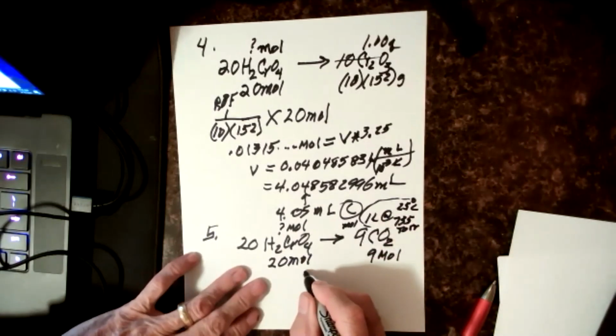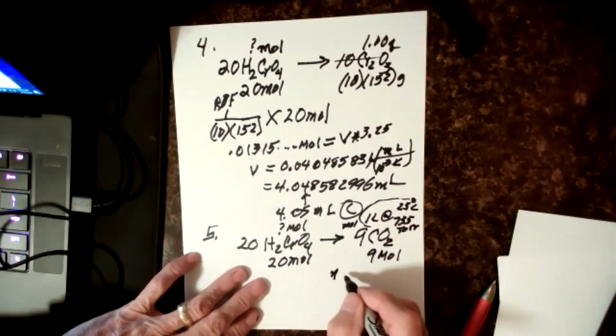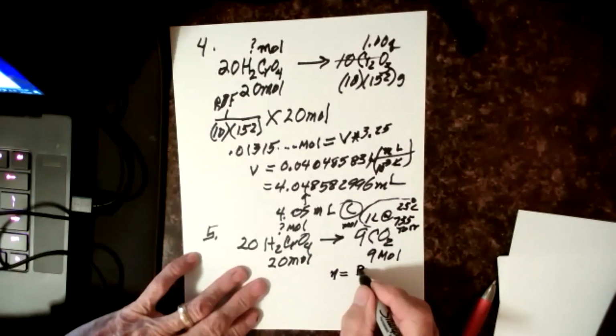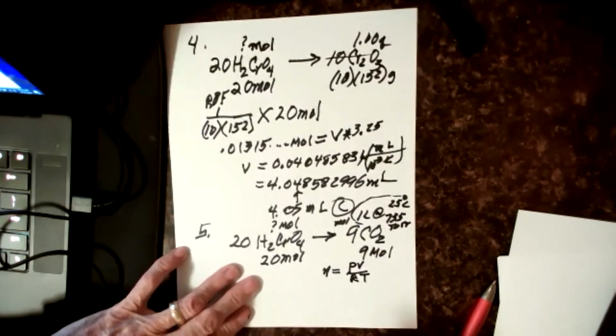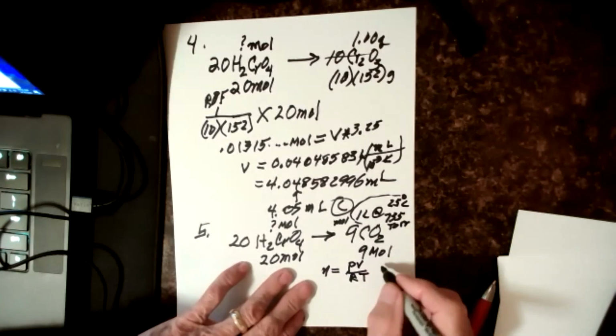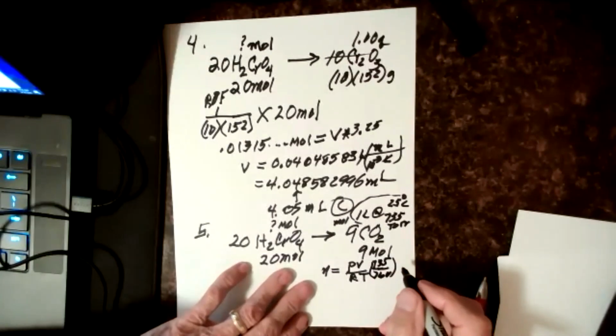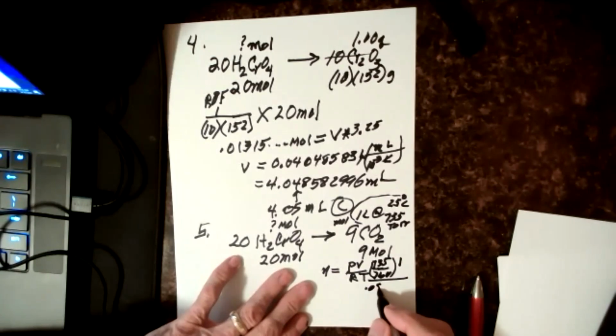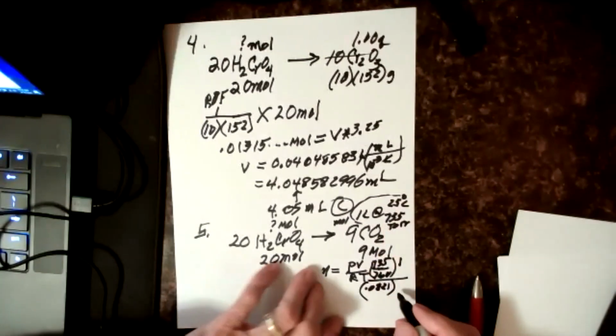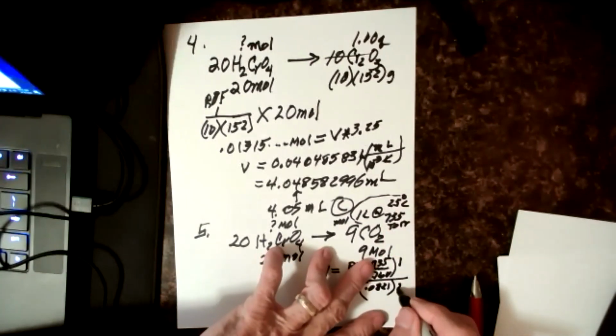So for a gas, n is equal to P times V over R and T. So my pressure is 735 divided by 760, the volume was 1 liter, and R is 0.0821, and the temperature is 25 plus 273 is 298.